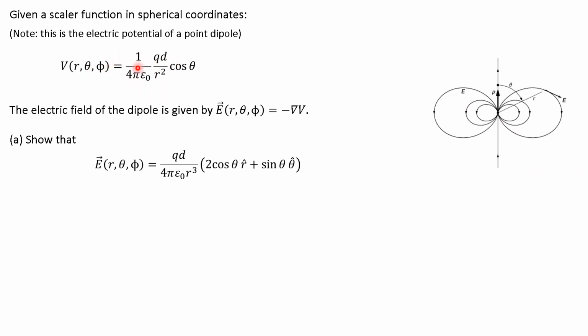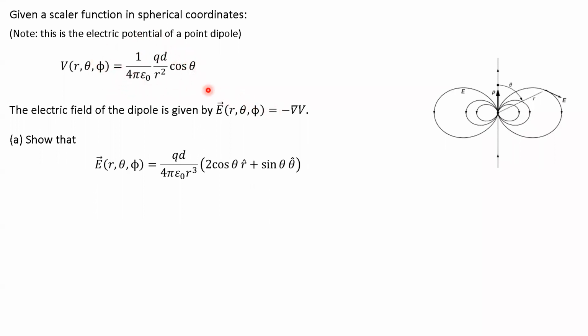If I have this electric potential for this point dipole, then by definition, finding the electric field is to take the gradient of this V with the negative sign. All I want you to do is to take the gradient of this function.